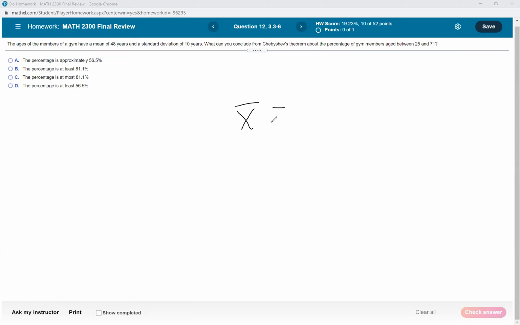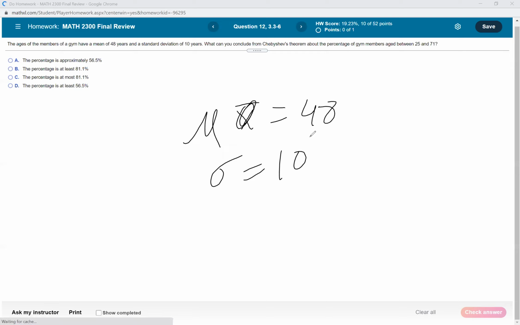Actually this is mu, and sigma is 10 years. What can you conclude from Chebyshev's theorem about the percentage of gym members aged between 25 and 71? You have to use Chebyshev's theorem.